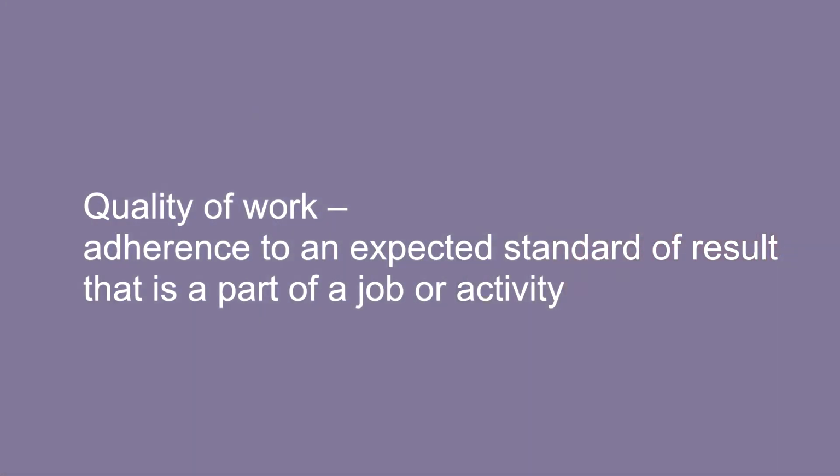The next competency is quality of work. The definition is adherence to an expected standard of result that is part of a job or activity. So in other words, what is the level of quality that the employee is producing? You can have employees that are very productive in terms of they get a lot of things done, but they may not produce the type of quality you want.